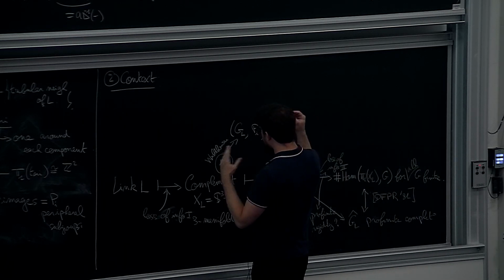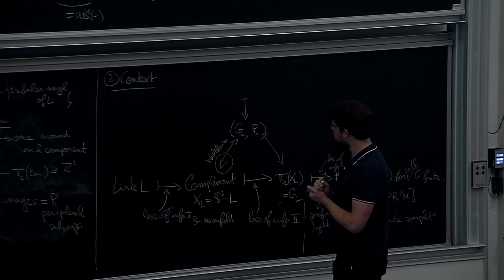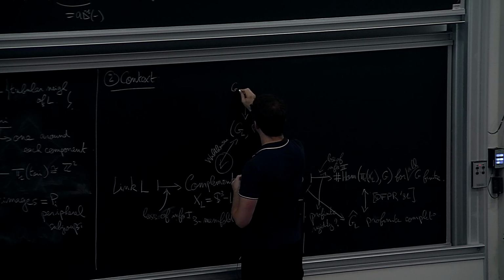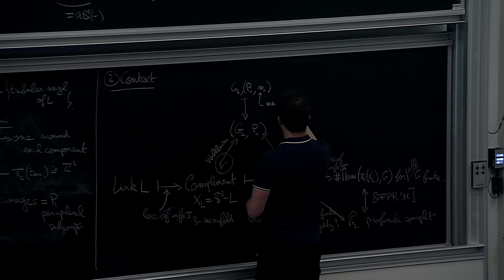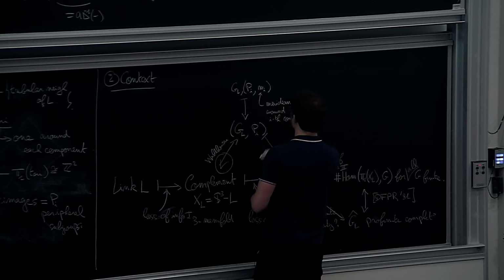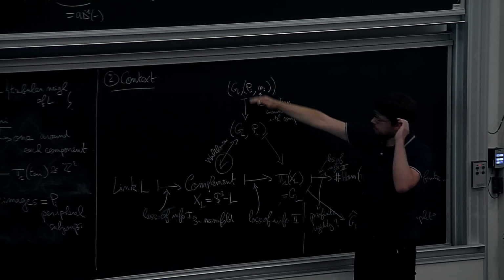Okay, and we can actually do something better, which is inside there, you will add the data of up to conjugation of the meridian around the ith component of the link. So this is a bit more data.